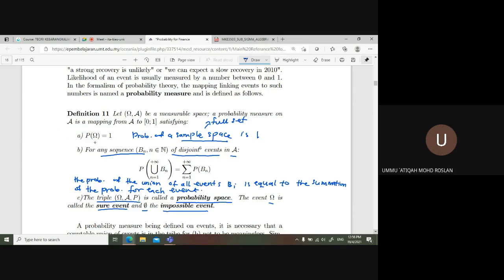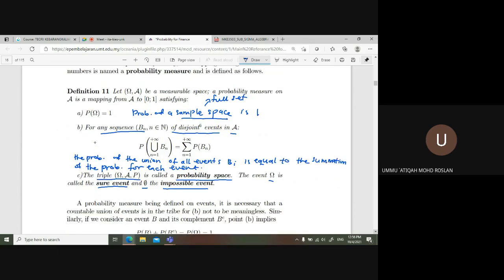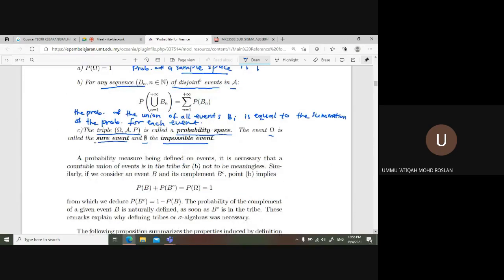From this definition, we consequently have the following properties. If we consider an event B and its complement B^c, then the probability of the event B plus the probability of the complement of the event is the probability of the sample space, which is equal to 1.